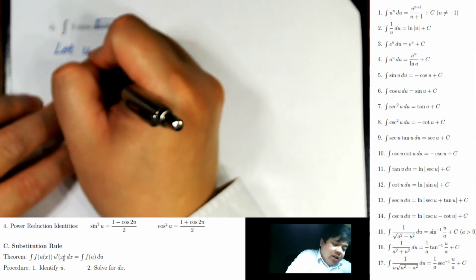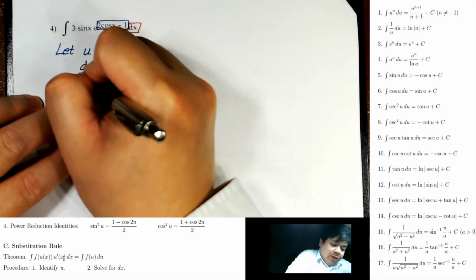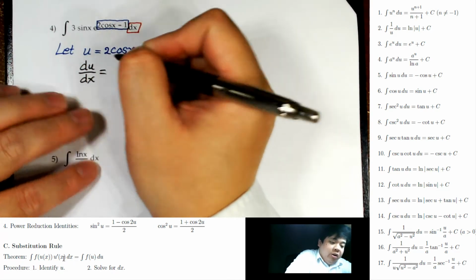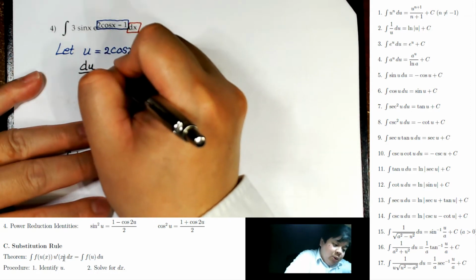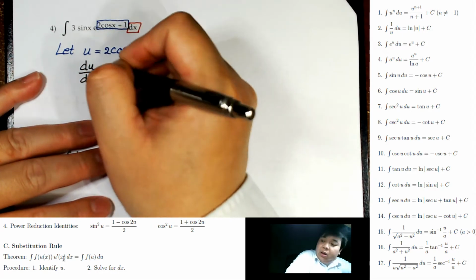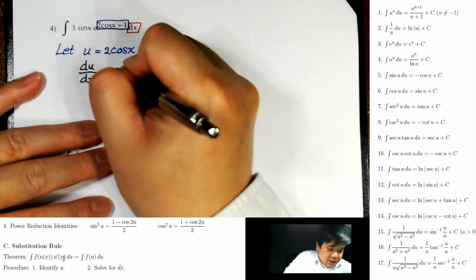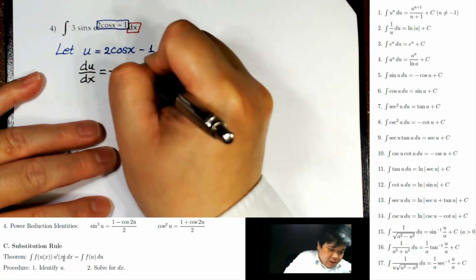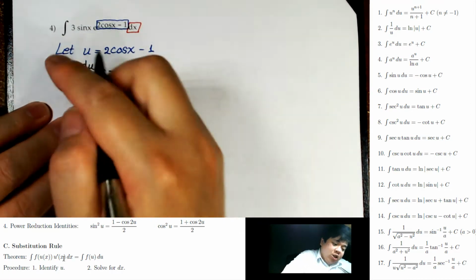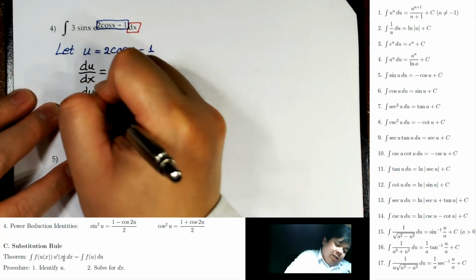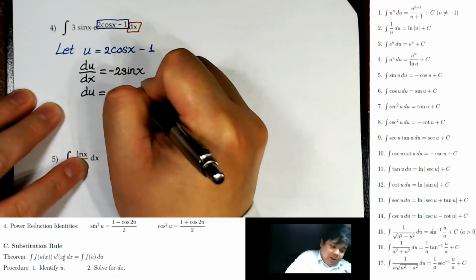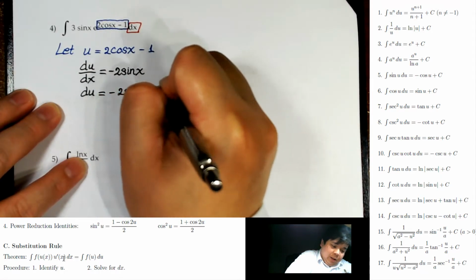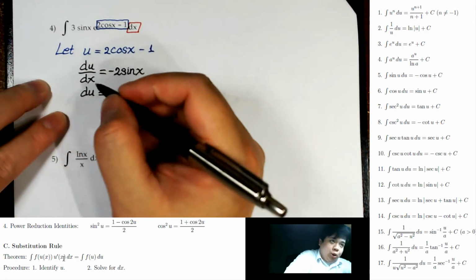So u is that. We take the derivative. The derivative of cosine is negative sine, so we have negative 2 sine x. Move the dx over, and divide by the negative 2 sine x.